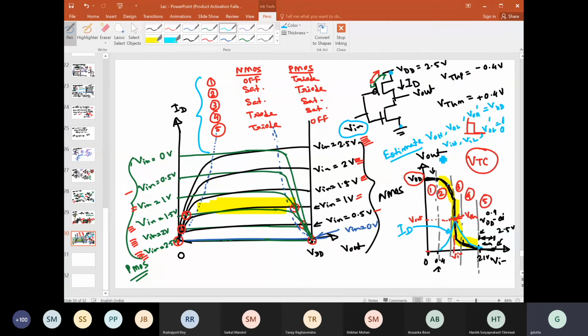Right, and if you know these points, then you should also be able to find the noise margin high and the noise margin low for this CMOS inverter. Right, so I encourage you to please do this homework and try to find these points VOH, VOL, VIH, VIL, all four, including the noise margin high and noise margin low.